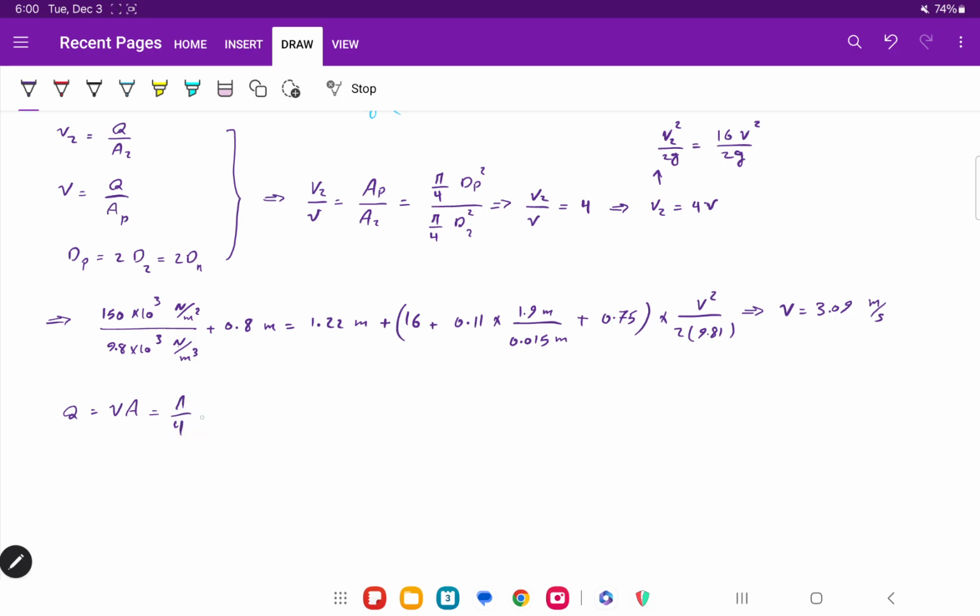So pi over 4 times 0.015 meters square times 3.09 meters per second. So Q equals 5.46 times 10 to the minus 4 cubic meters per second. This is Q.